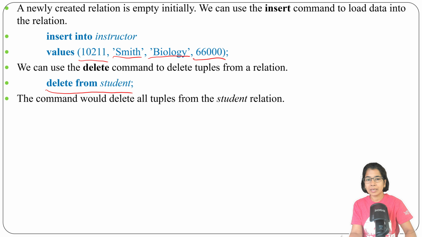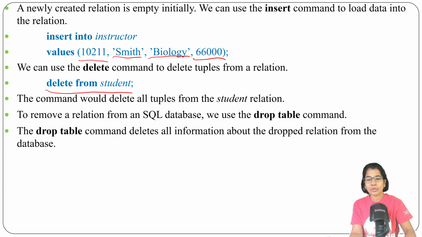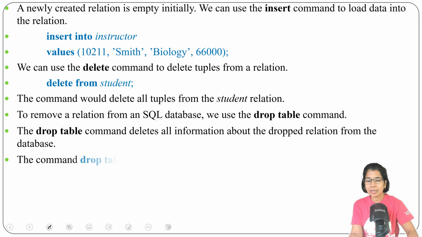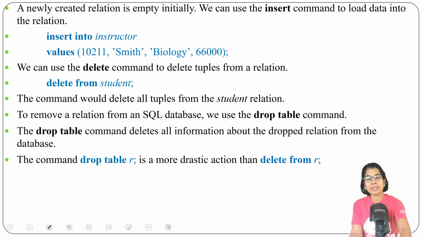But drop will delete the schema and also all the tuples. So the drop table command deletes all information about the dropped relation from the database. You can write drop table R. This is more drastic than delete from R. Delete from R only deletes the tuples, whereas drop table will drop that table. So after that there will be no schema left.